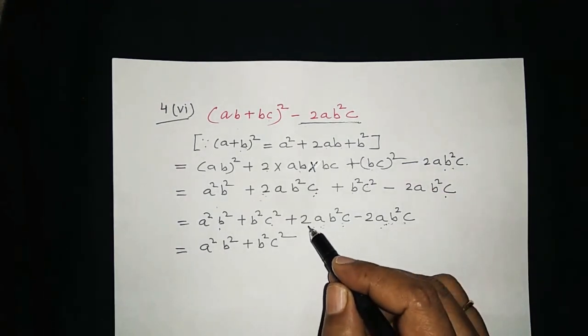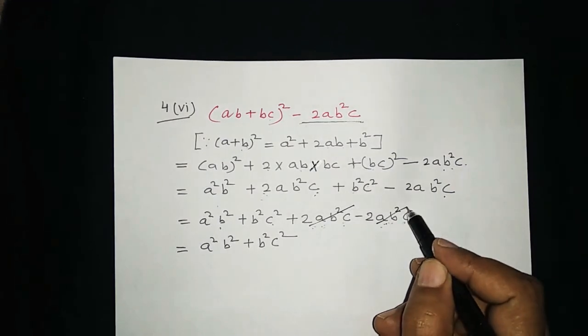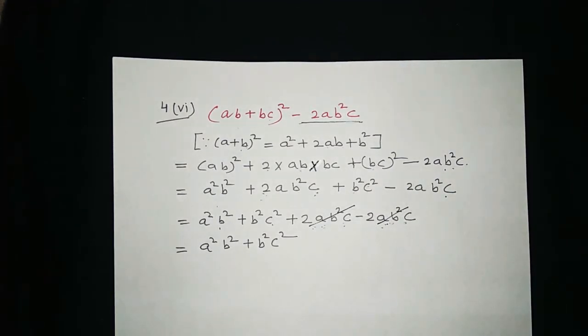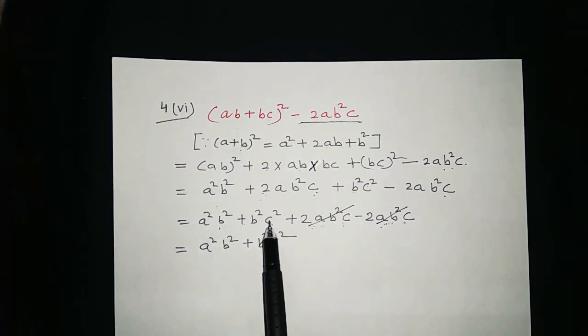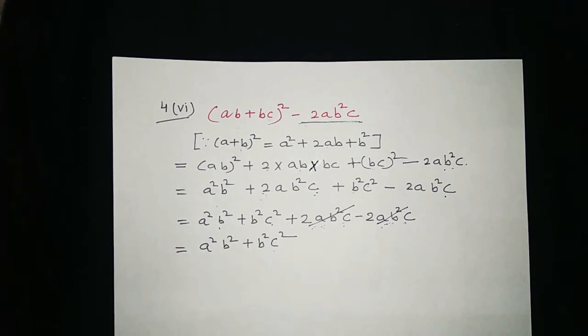For plus 2AB square C and minus 2AB square C, we will get 0. And here what will be left? A square B square plus B square C square will come as the result.